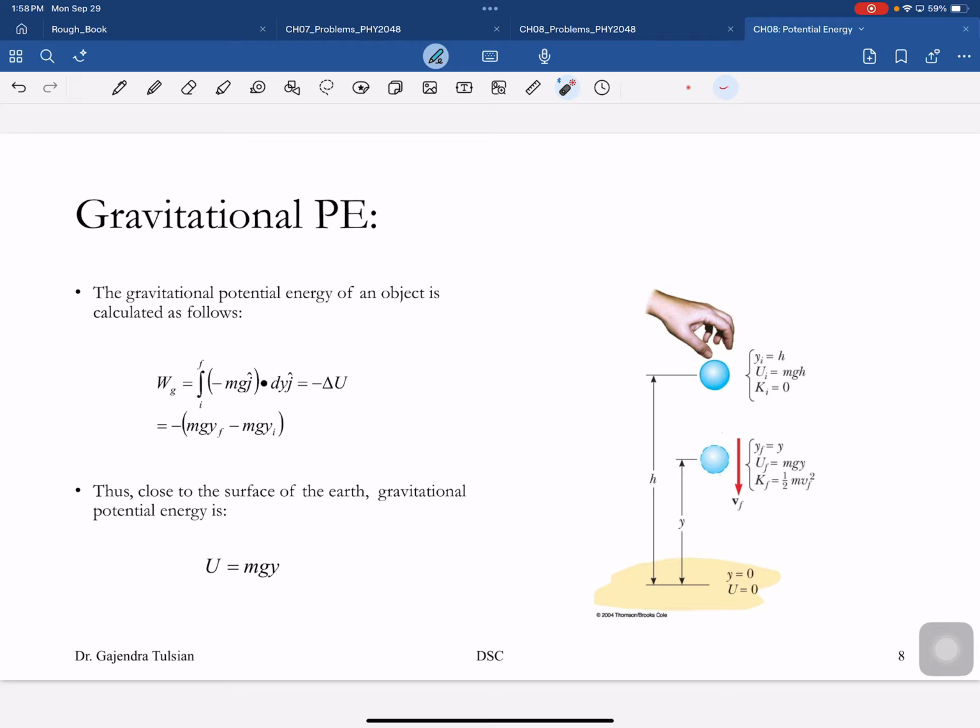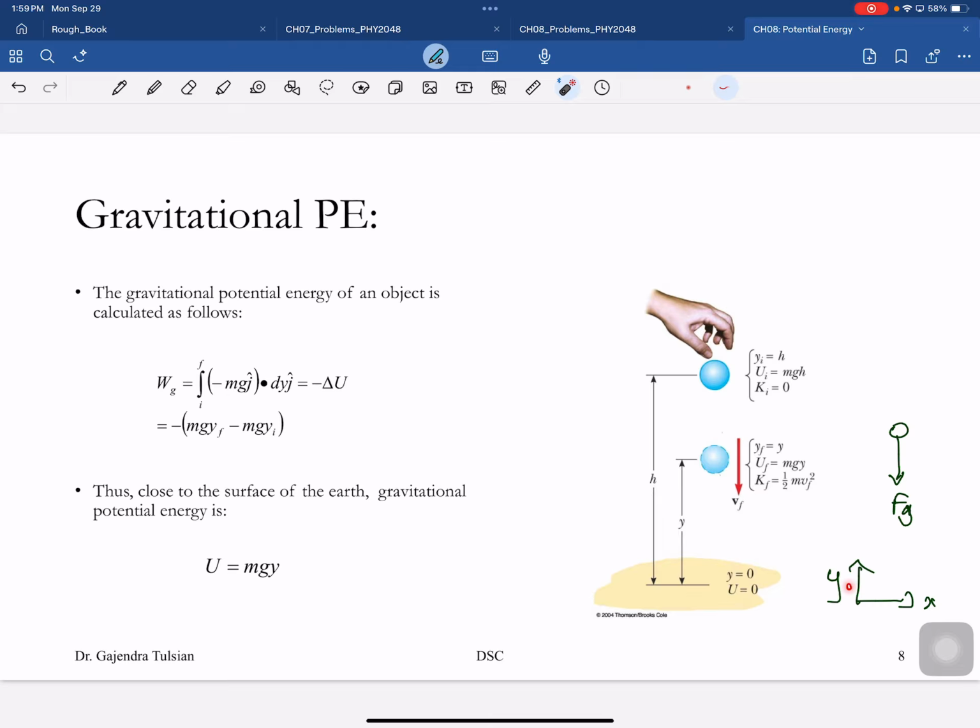So this slide shows you the derivation of gravitational potential energy. The gravitational potential energy just depends on the vertical position of the object with reference to some reference level. Okay. So work done by gravity. If you draw your x and y axes like this, the force of gravity on an object is in this direction, and the force of gravity is mg.